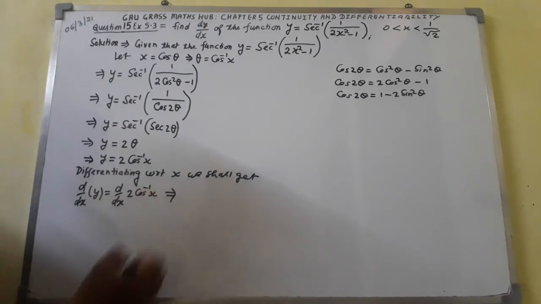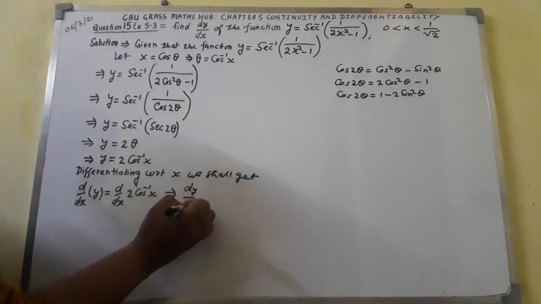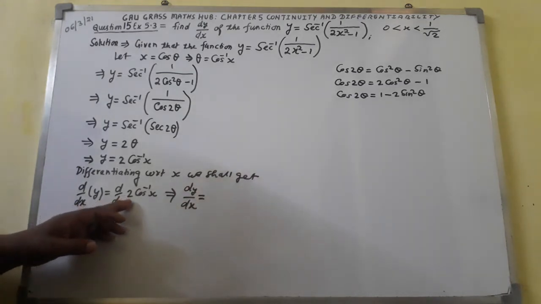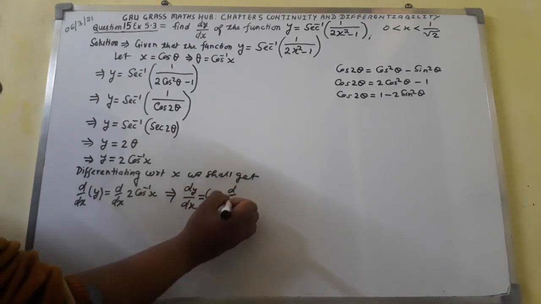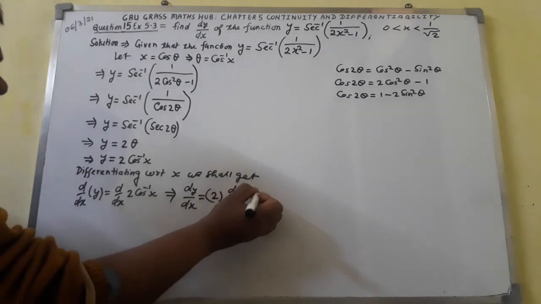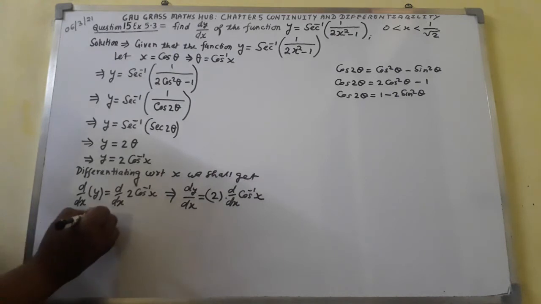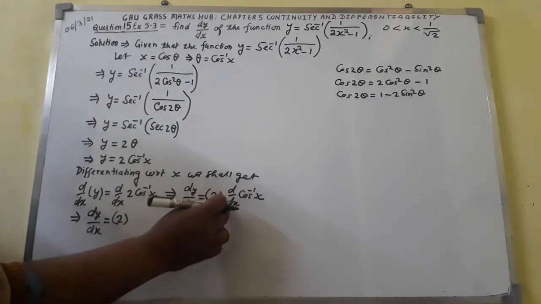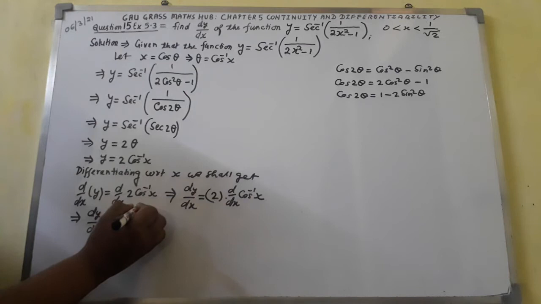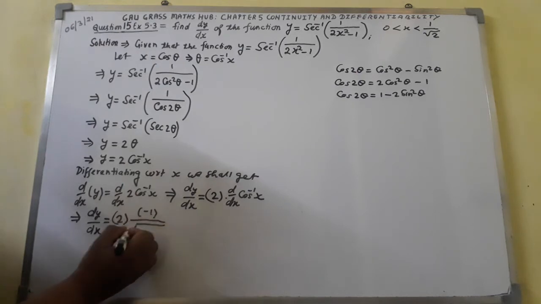This implies dy over dx equal to 2, which is a constant and multiplied, times d over dx of cos inverse x. The derivative of cos inverse x comes out to be minus 1 over under root 1 minus x square.